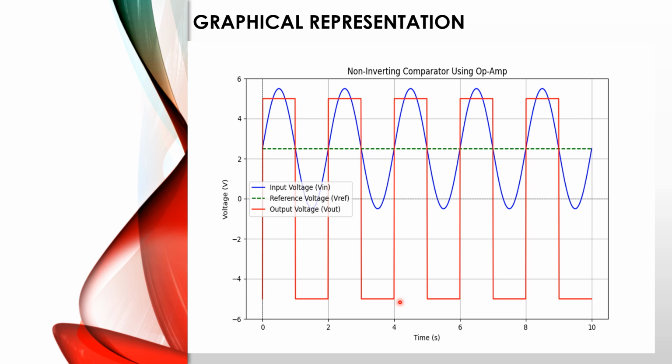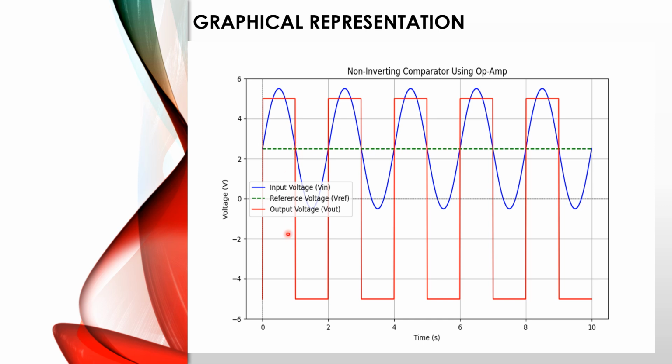Okay, so this is the graphical representation of non-inverting comparator circuit. Whenever V in is greater than V reference, this red color line is on the positive axis and it is constant in this situation. When it switches to V in less than V reference, that means this condition, then it swings to minus VCC and we get this situation.